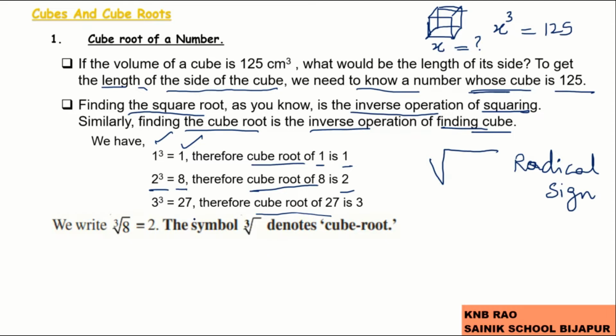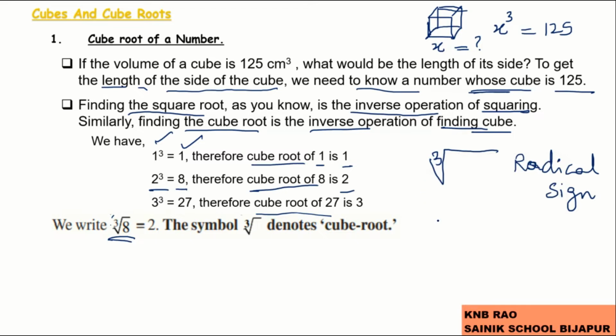But what is the difference? Suppose if you want to say cube root of 8, we write like this. Here, could you observe some number? Some number is written here. In this case, it is 3.